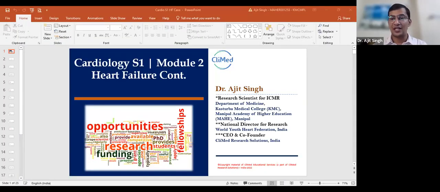Because they inhibit the sodium exchanger in the proximal tubule in the kidney, and they enhance sodium excretion in the urine through natriuresis and reduce the fluid overload. That's how SGLT2 inhibitors work in heart failure, reducing the symptoms and improving the patients.